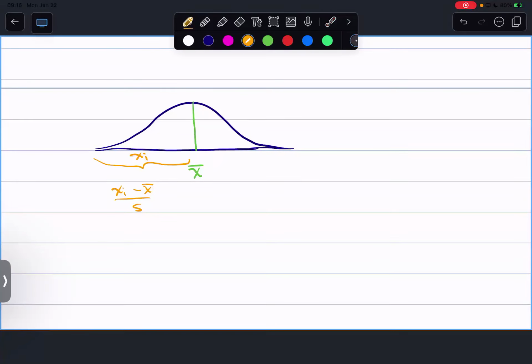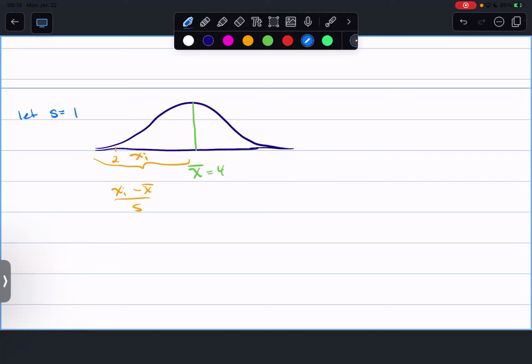If I let the mean be 4, for example, and on a number line I have 2 here, and let S be 1, just for simplicity, because I don't want to divide by anything.